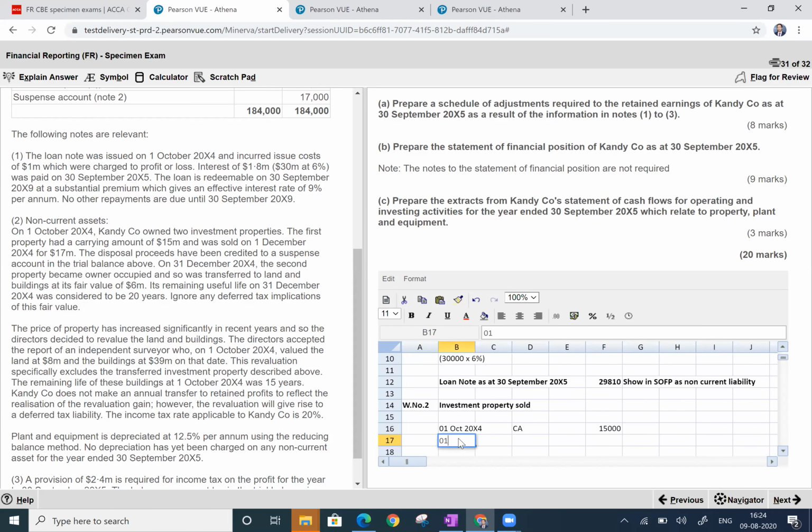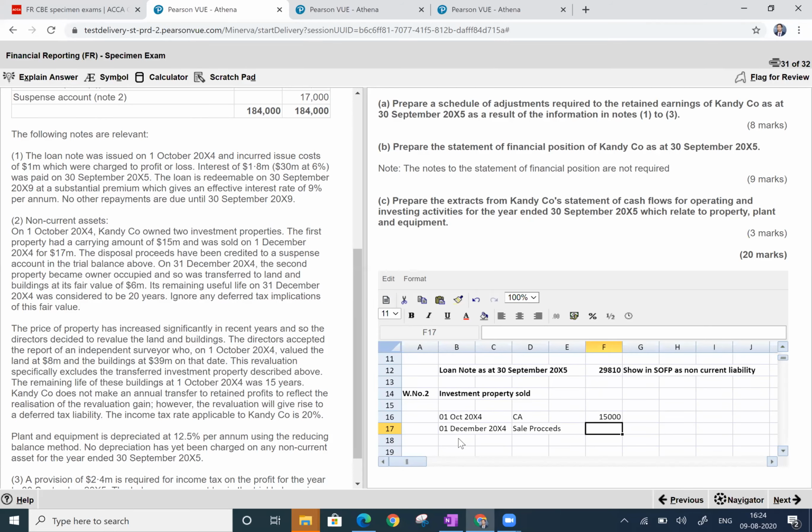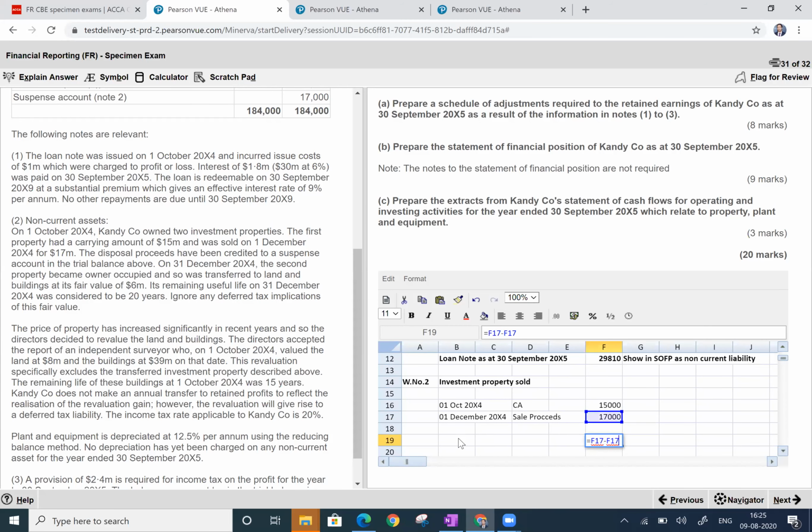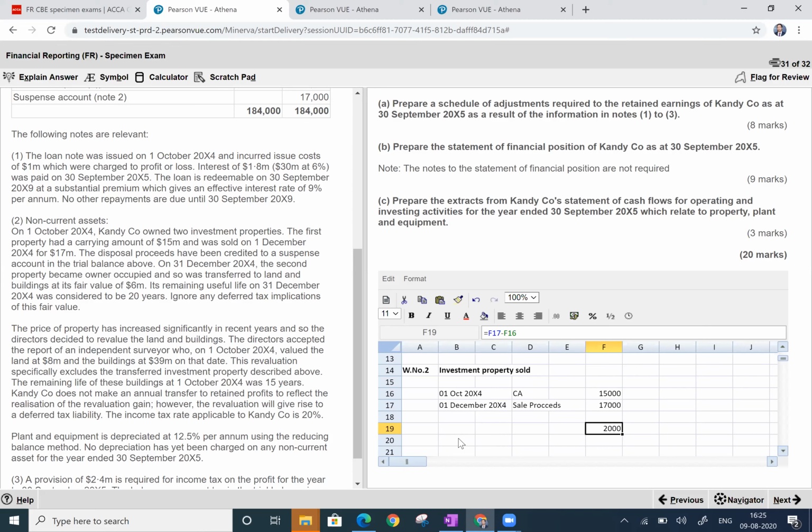On 1st December 20x4, they have sold it. What are the sale proceeds? 17,000. So what's the profit? Profit is 17,000 minus 15,000. 2,000 is the profit on disposal. That's it. You got half mark.